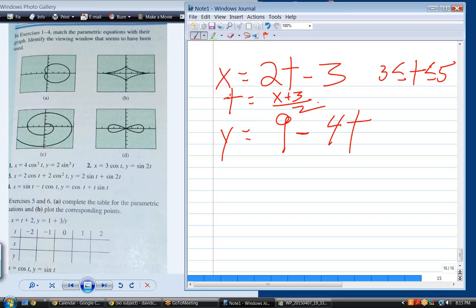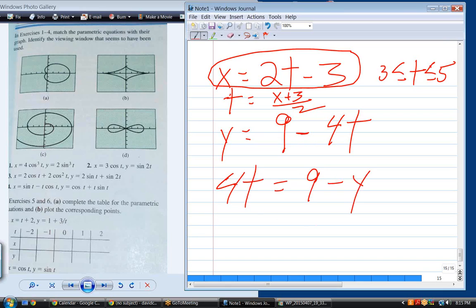Right? How did you get that? Sorry? Just algebraically solve that for t. Okay? You with me? Same thing for y. Well, we got 4t equals 9 minus y, so t is going to be this.